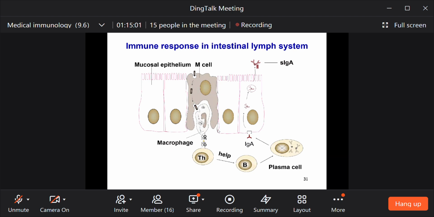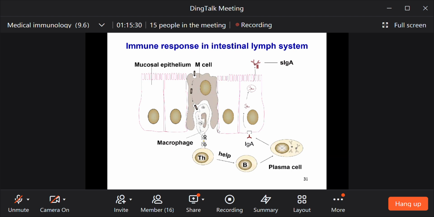Here is the IgA. The IgA has the ability to transfer into and out of the cell. The IgA arriving outside of the cell will touch the foreign substance.